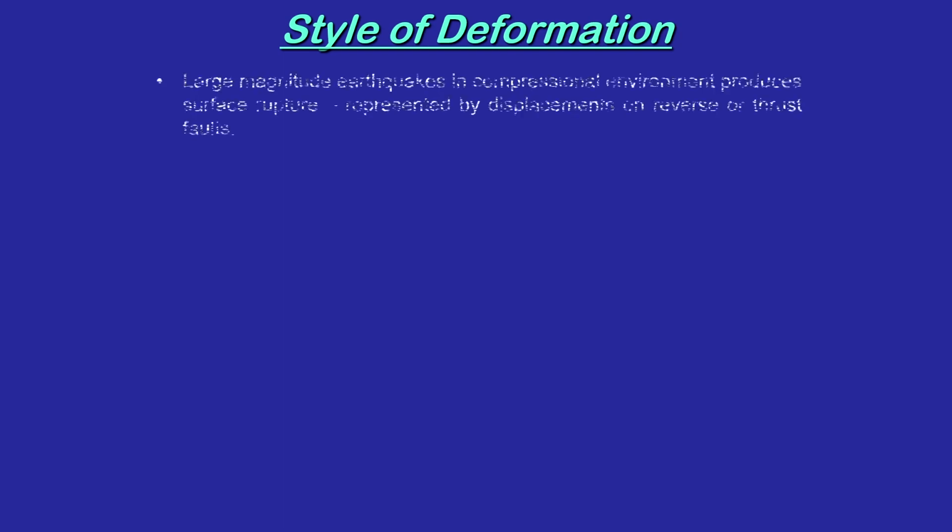Now, style of deformation. Large magnitude earthquakes in compressional tectonic environment produce surface rupture represented by displacements on reverse or thrust faults. That part we have discussed in the previous slides, that we will come across reverse and thrust faults in compressional tectonic environment.